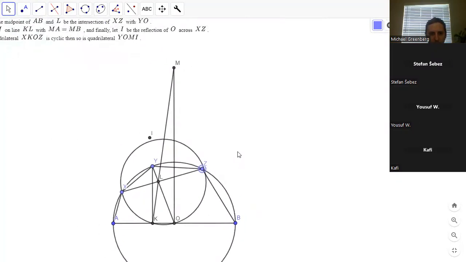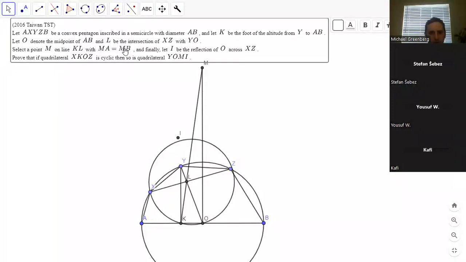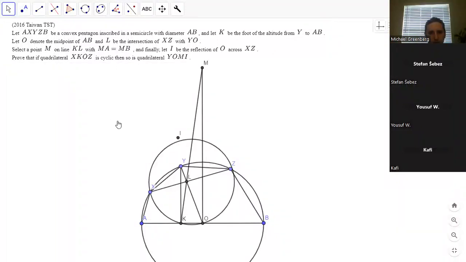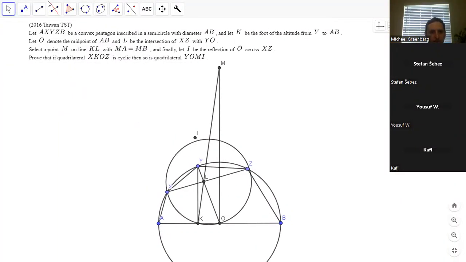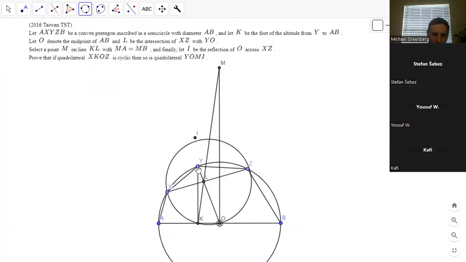Maybe I could even make it a bit bigger, but just hide the bottom part of this circle. Something like that.